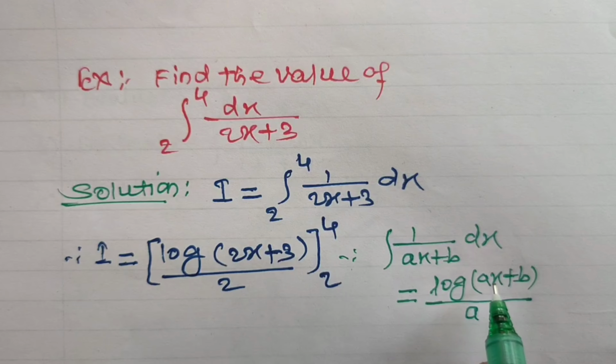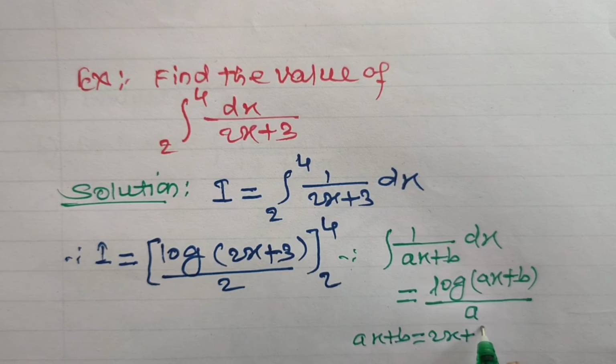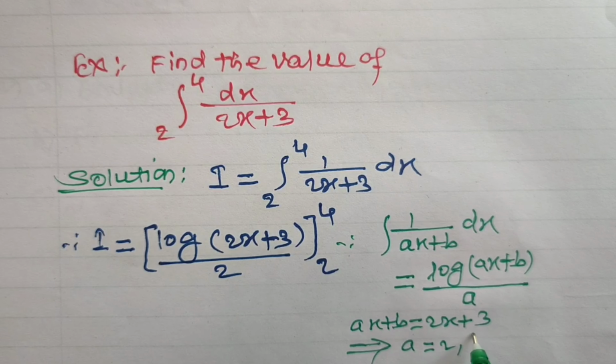Here, if we compare ax plus b with 2x plus 3, meaning ax plus b is equal to 2x plus 3, then a is 2 and b is the constant term 3.